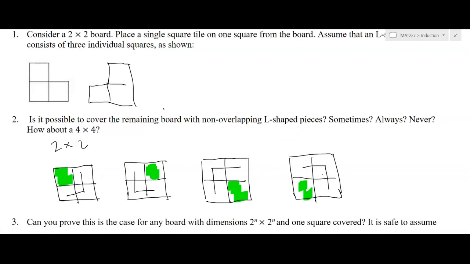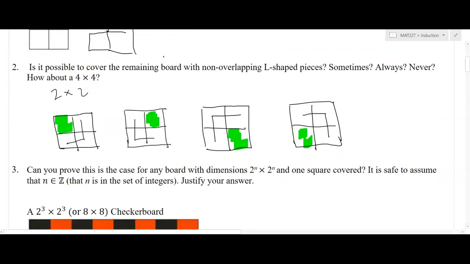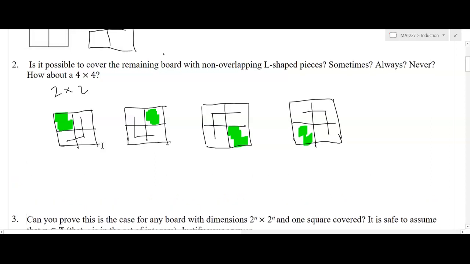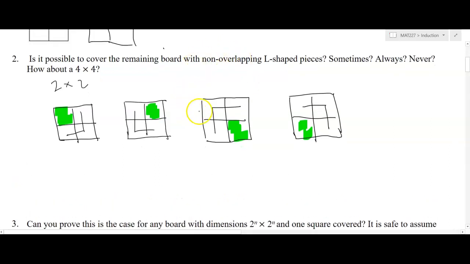But what about a 4x4? For a 4x4, we'd probably have to do some convincing of ourselves in order to establish whether or not that's true. So let's move on to a 4x4. Now I'm going to have 4 rows and 4 columns, and once again I'm going to try to do the same thing.